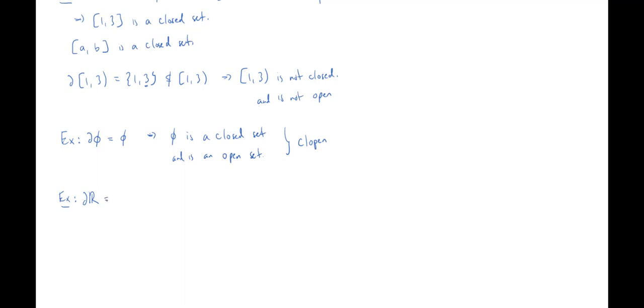So the boundary of the real numbers is, again, the empty set. But the empty set is a subset of the real numbers. So the boundary of R is contained in R, and hence the real numbers is a closed set. And again, we also saw that it was an open set. So we have another clopen set.